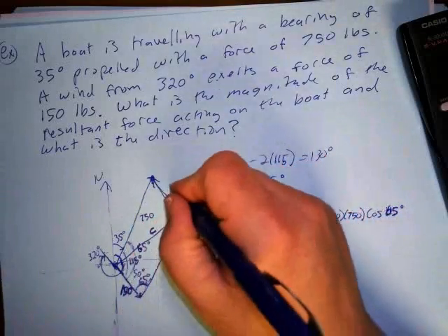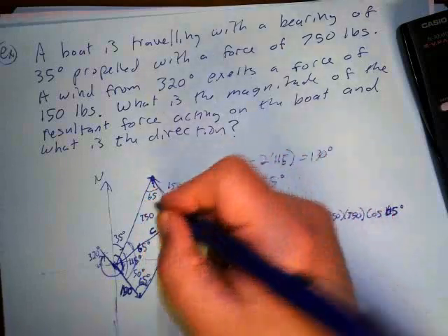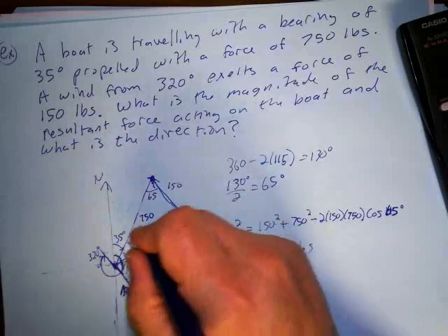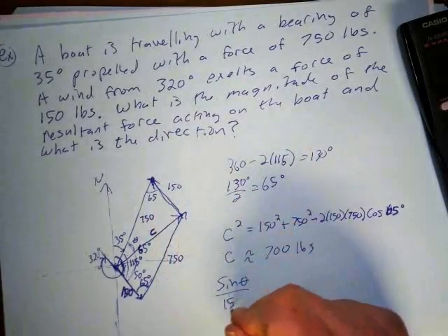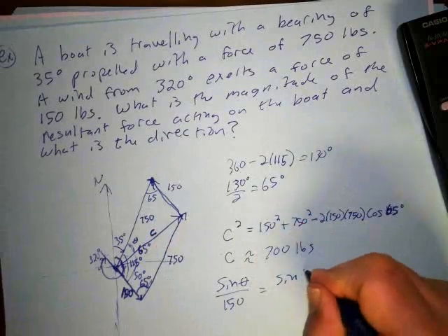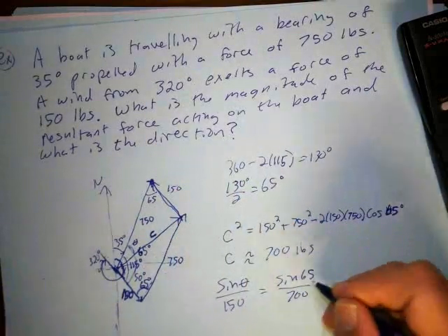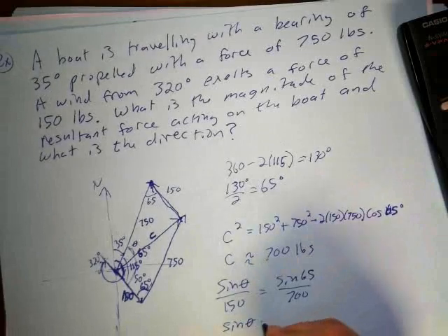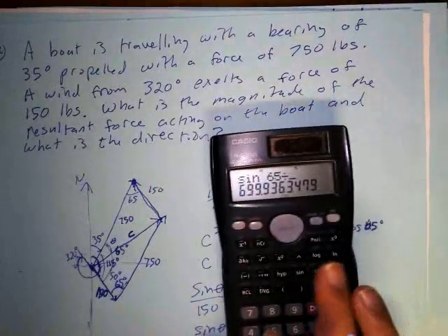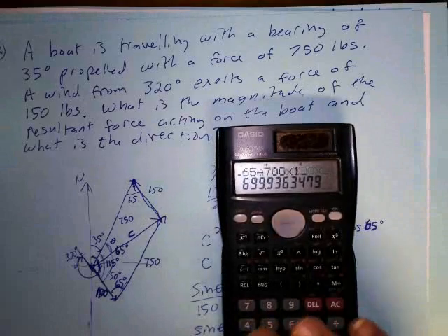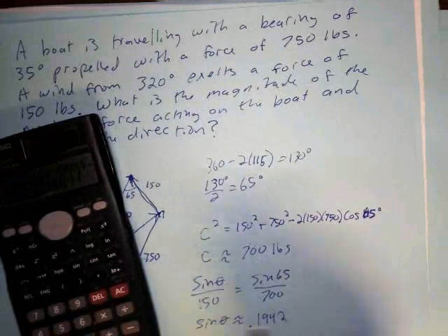This is 150, and I know that this is 65, and that the resultant is approximately 700, so I'm going to call the angle theta. Then sine of theta is to 150 as sine of 65 is to 700, so sine of theta is approximately sine of 65 divided by 700 times 150, and I get 0.1942.